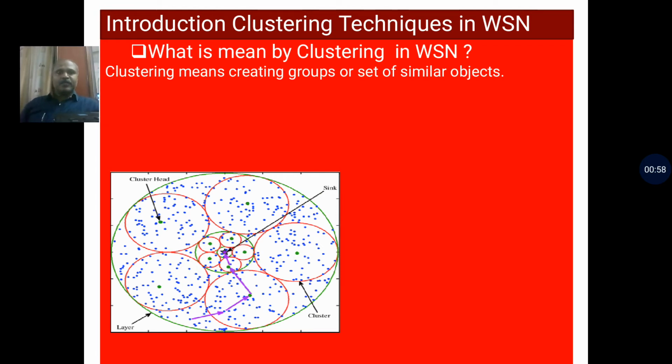As shown in the figure, sensor nodes are shown with the help of blue dots. The figure shows a very huge and dense network.